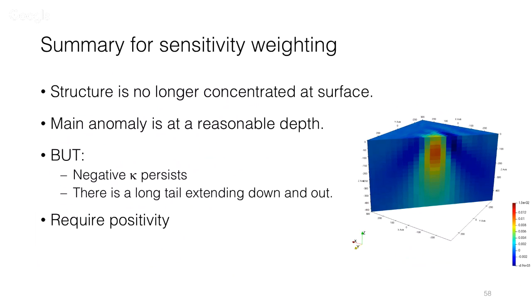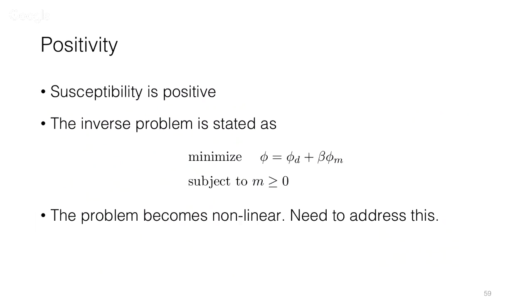So that means that what we want to do is now solve this problem with another piece of information, namely positivity. Our goal now is to solve this inverse problem, subject to the fact that m is greater than 0. At this point, we've seriously changed the problem, because we now have a non-linear problem to solve.